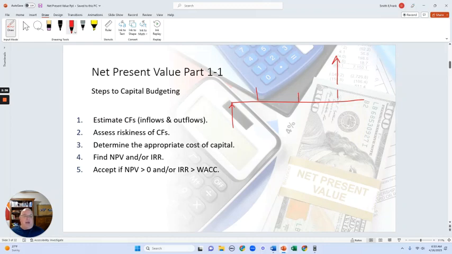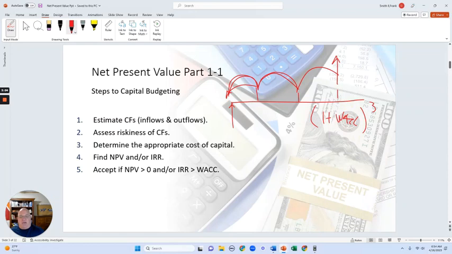And then we divide each of these by the cost of capital, called the weighted average cost of capital. We divide this one by 1 plus WACC once because we bring it back 1 year. This one we divide by 1 plus WACC squared because we bring it back 2 years. And finally, this one would be 1 plus WACC cubed, and you would bring it back 3 years, because you're bringing it to year 2, then to year 1, and then to time period 0.